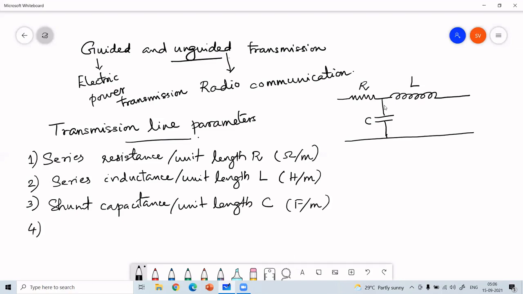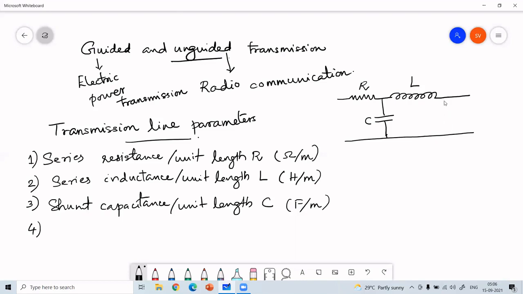Now, even though there is an insulator in between the two conductors, it may not be perfect, so there can be a leakage of current in between the two conductors. Due to that leakage of current, there is a conductance in between the two conductors.